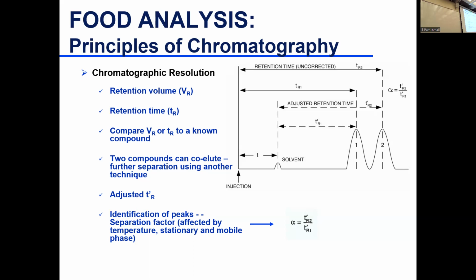Sometimes you don't have a standard, you only have a reference, something that is published. Let's say caffeine in this paper has a retention time of 14 minutes. In this other paper, it has a retention time of 15 or 16 minutes.